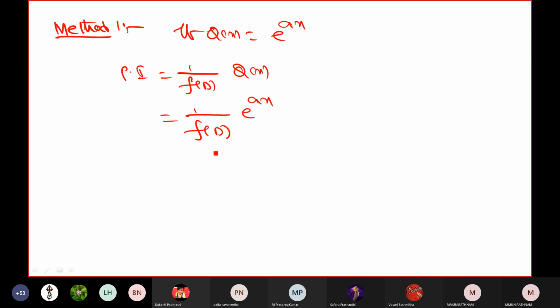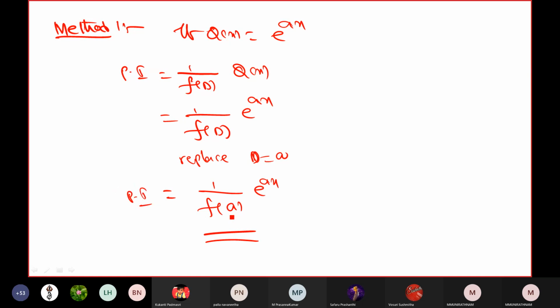In case of e^(ax), replace D by a. That will give us 1/f(a) e^(ax), which is called the particular integral.